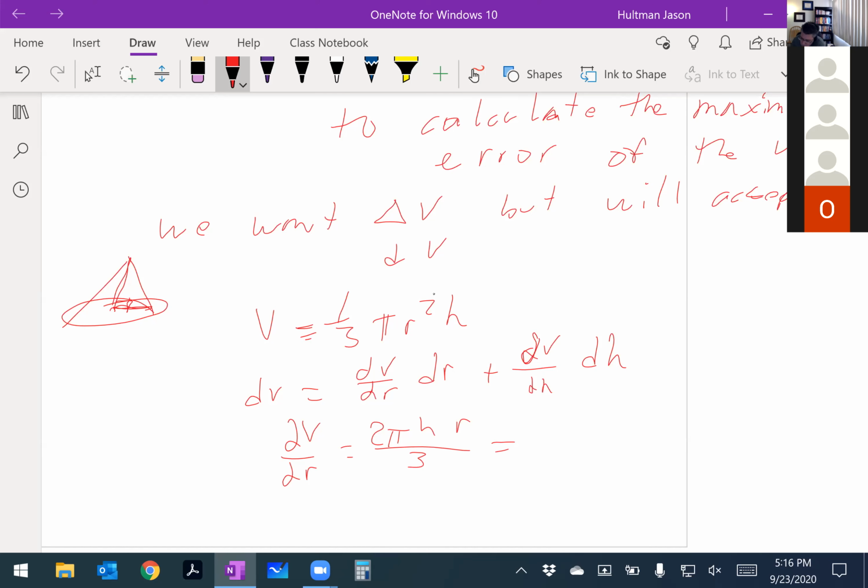Well, what is r and h? Well, we said that the radius was 10, and the height 25, so this is 2 pi times 25 times 10 over 3. Okay, so this is what, 500 pi over 3? Okay, that's kind of cool.